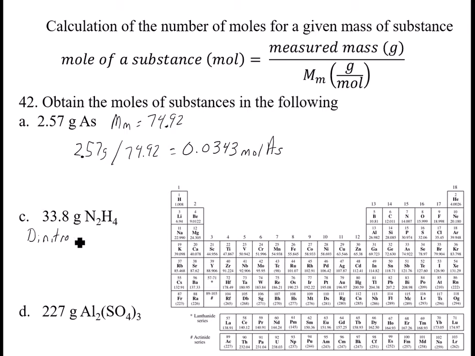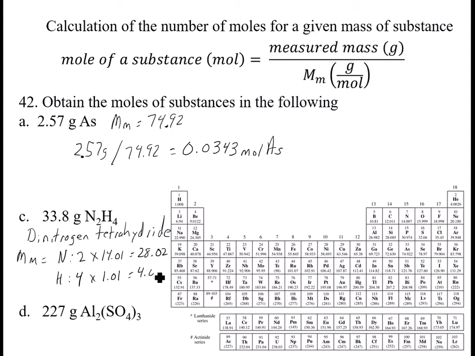For this next one, this is dinitrogen tetrahydride, just so you can practice the nomenclature, because it's a molecular compound. That's the name of it. Okay. The molar mass of this is nitrogen, there's 2 of them, times the 14.01 gives me 28.02. Hydrogen, there's 4 of them, times the 1.01 gives me 4.04.